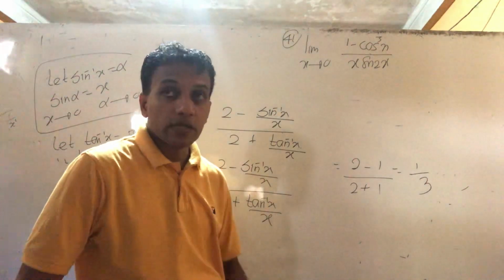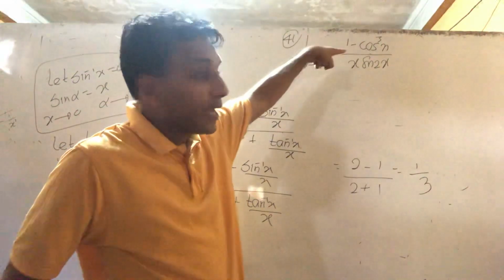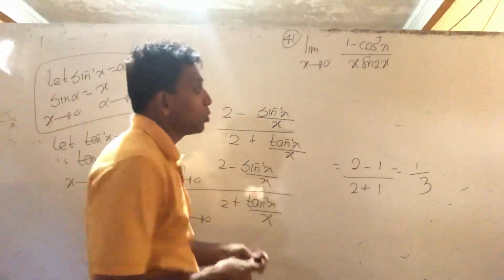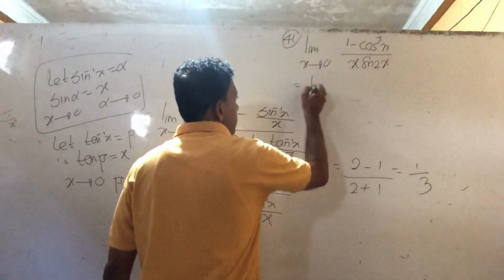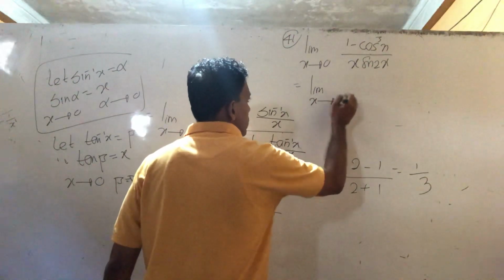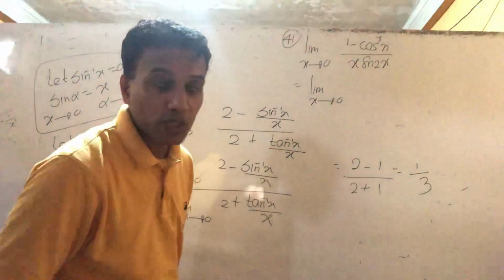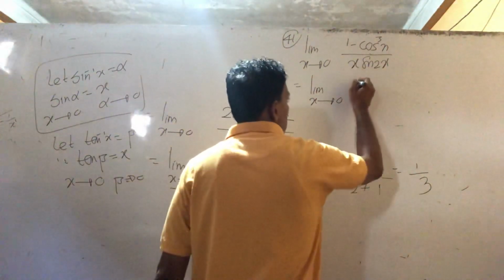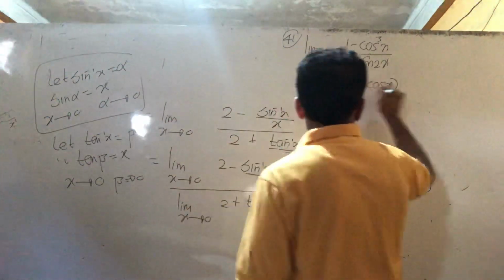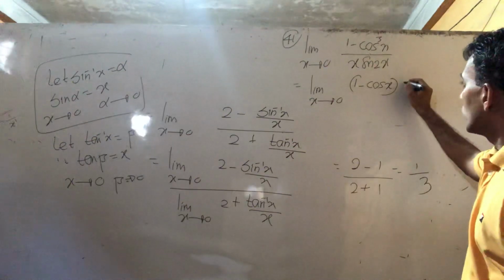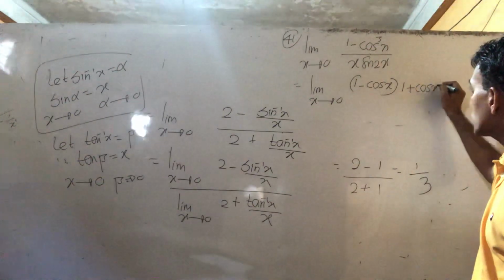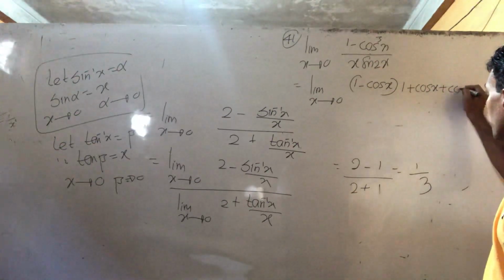So you know that, can I factorize the numerator? A cube minus b cube pattern. Limit x approaches 0 of (1 minus cos x) times (1 plus cos x plus cos square x).